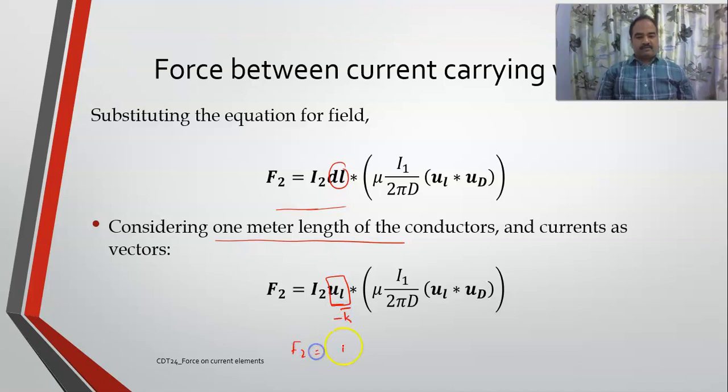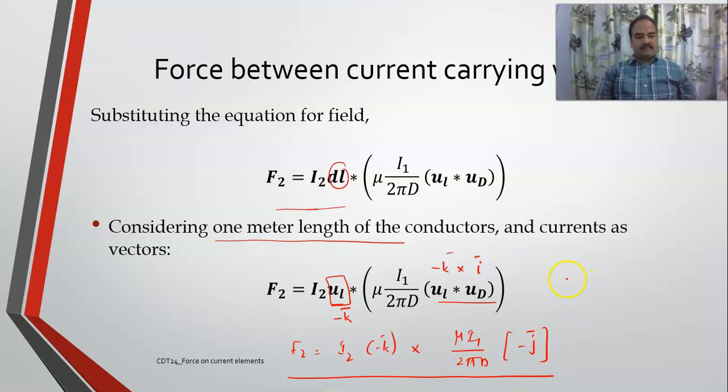So F2 is equal to I2 minus k bar into mu I1 by 2 pi d, into what we have calculated already, minus k cross I bar. What was this value? It was minus j, right? So if you multiply it, F2 bar is equal to mu I1 I2 by 2 pi d into minus k cross minus j.